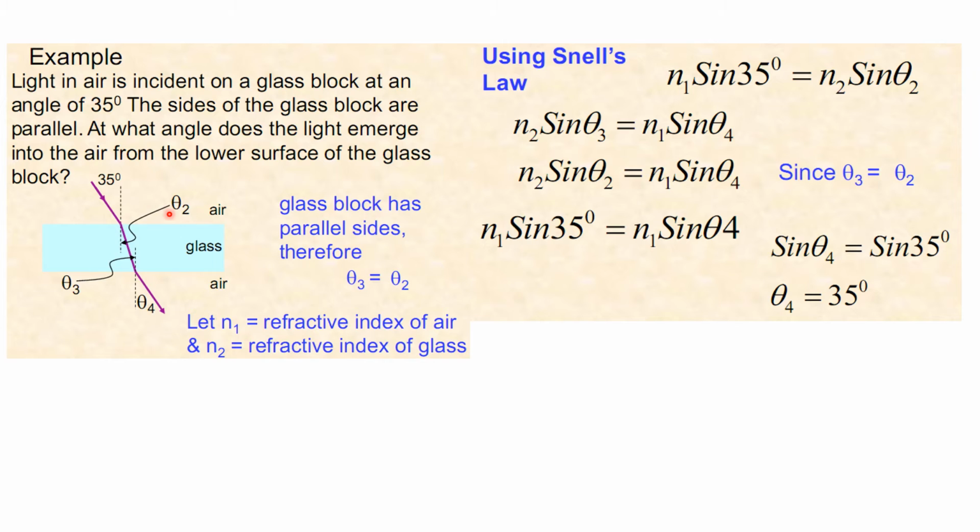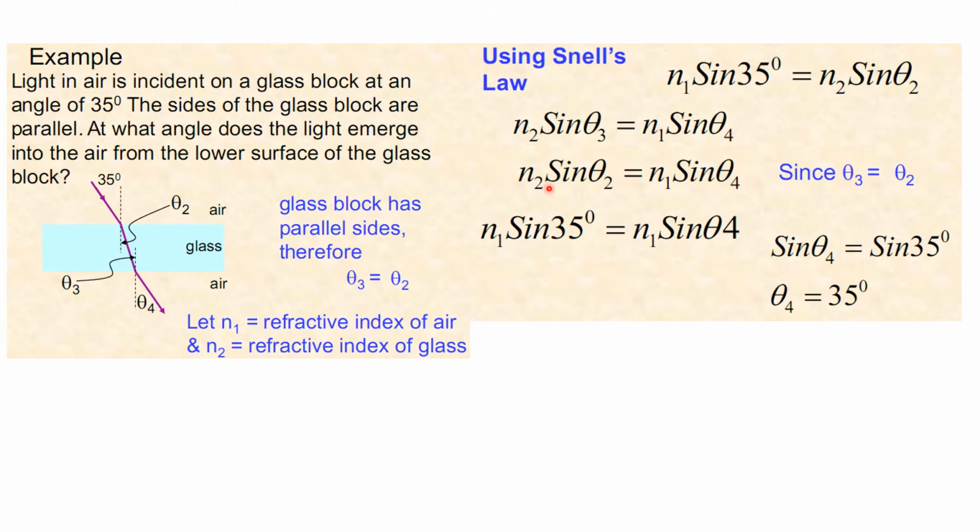And by definition, this angle of incidence 1 is equal to an angle of emergence. This means that theta 4 is equal to 35 degrees, but we need to show it by using Snell's law. Here we have n1 sine 35 equals n2 sine theta 2. This is Snell's law. Then n2 sine theta 3 equals n1 sine theta 4.